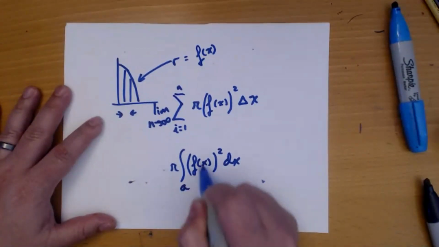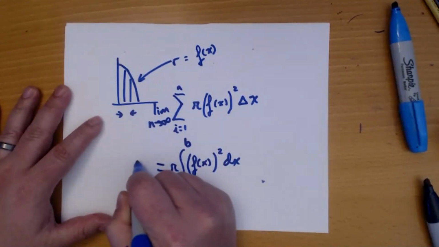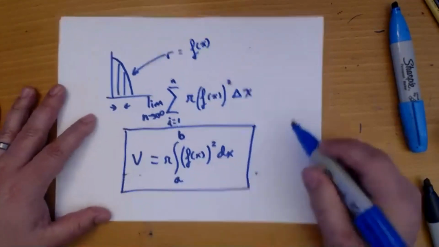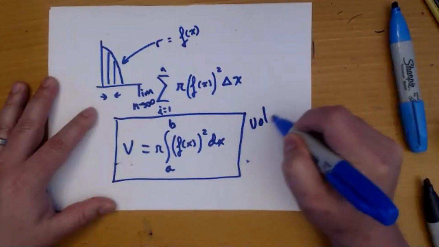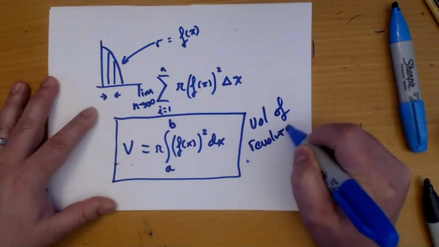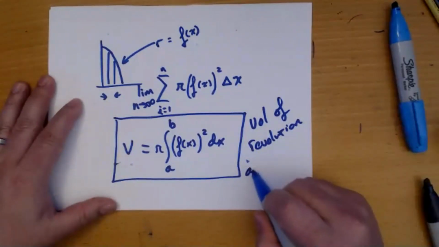And we're going to go from A to B. And so this is the volume of revolution of a function about the x-axis.